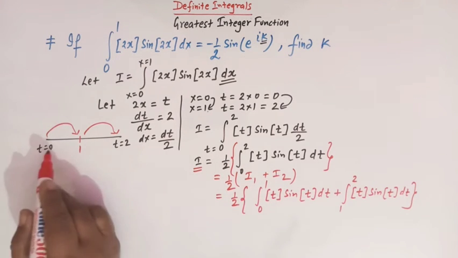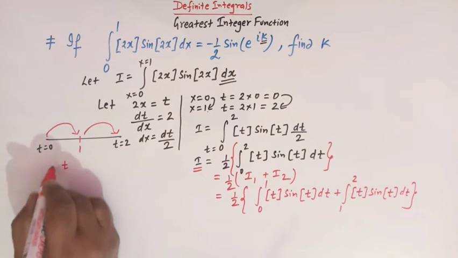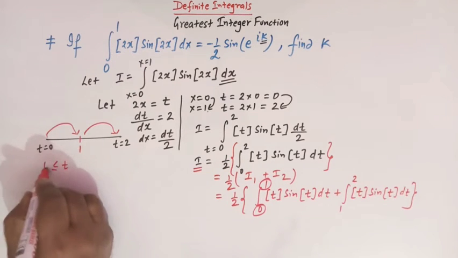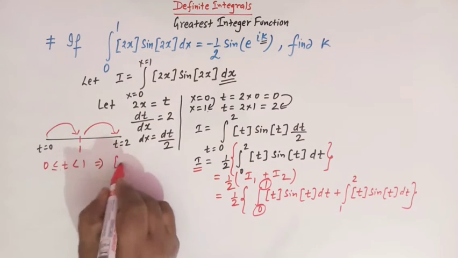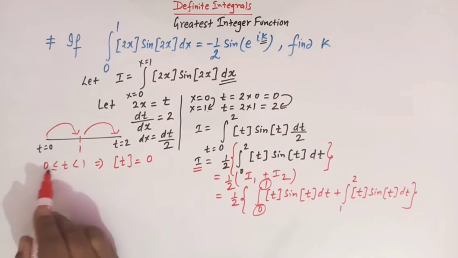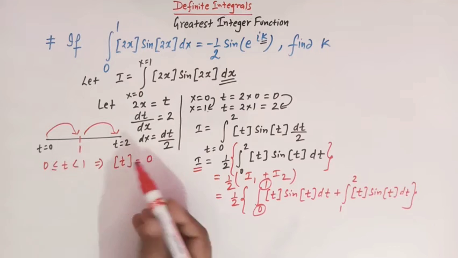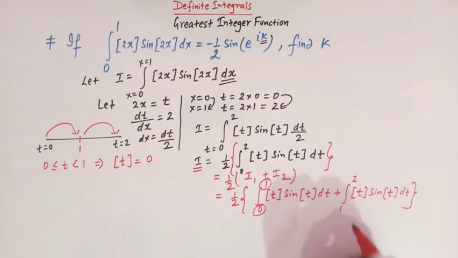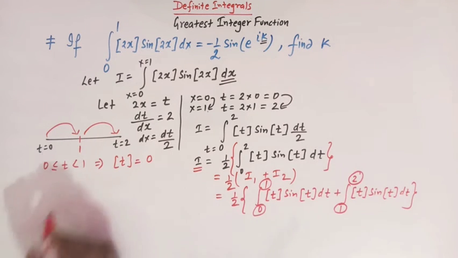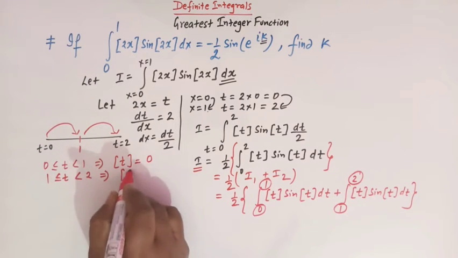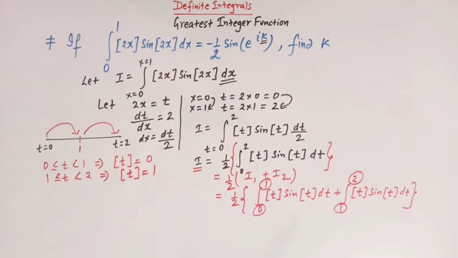Okay, now we have written I1 and I2. We see that when t lies between 0 and 1, the value of greatest integer t is 0, because from the definition of the greatest integer function, whenever t lies between 0 and 1, the value of greatest integer t is 0. And when t lies between 1 and 2, the value of greatest integer t is equal to 1.